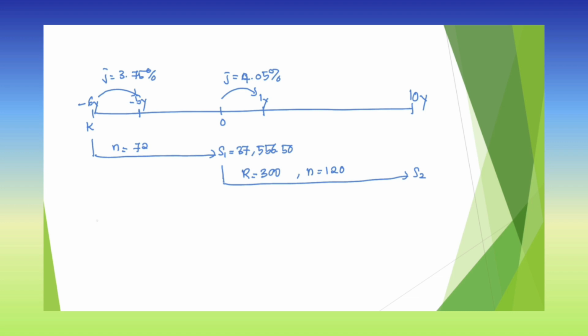For question A, find the value of K. To find K, we use the formula S equal to P(1 plus i) to the power of n.